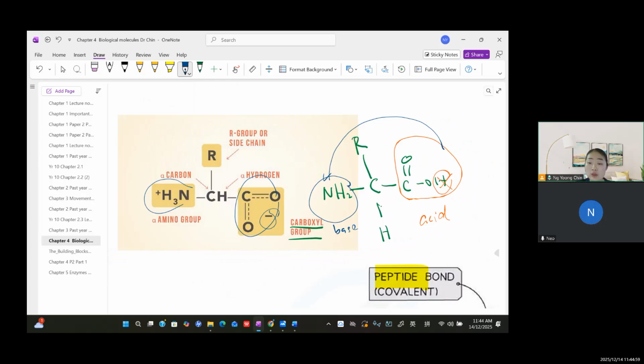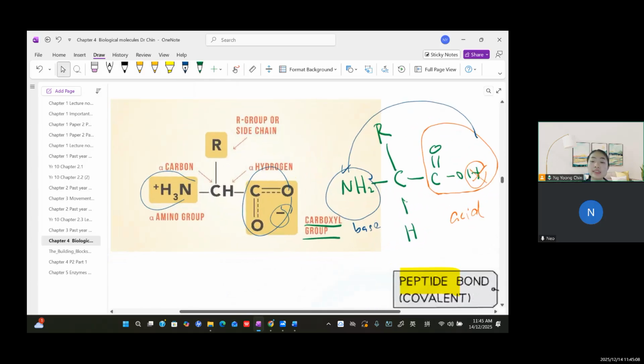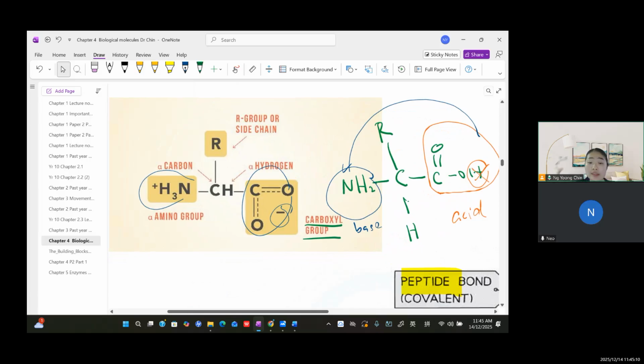And then the NH2, which is the amino group, will accept one hydrogen atom, so it will become like this, NH3 plus. So this is just showing that amino acids are in their ionized form because they have a charge, okay? Ionized form, the amino acids.